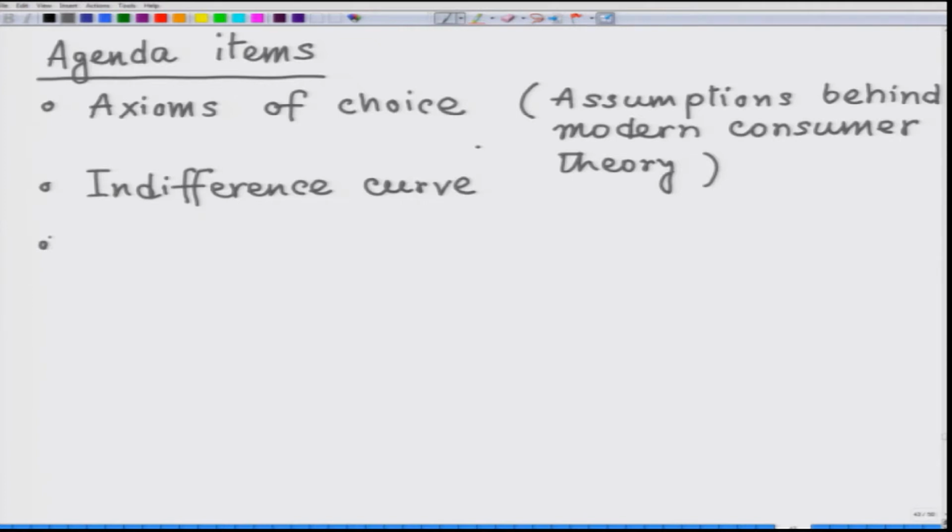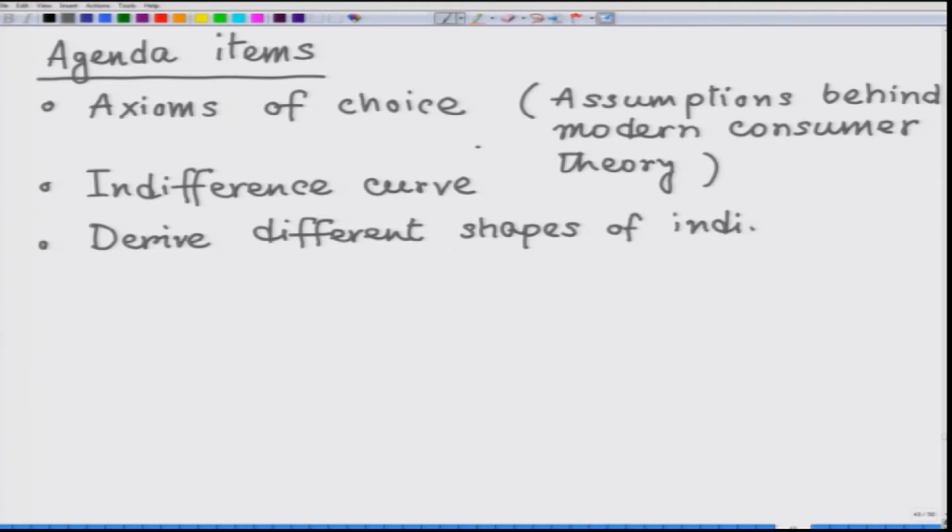The third agenda will be to derive different shapes of indifference curve, and let us introduce the abbreviation IC for indifference curve.